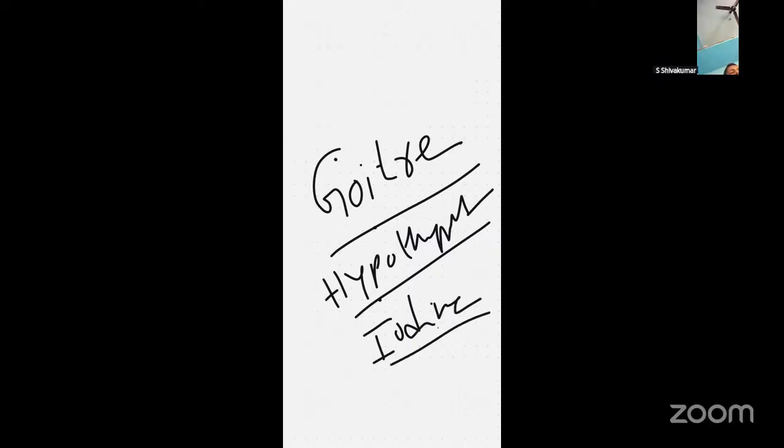Iodine is very closely related to the thyroid gland. The adult body normally contains 22 million of iodine, about 8 mg in the adult, concentrated in the thyroid gland.